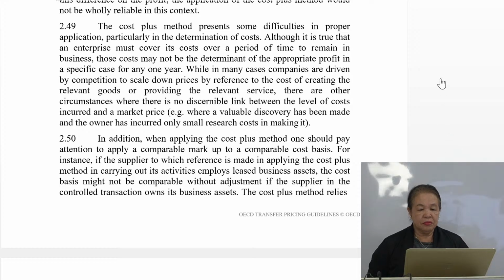No? So, although it is true that an enterprise must cover its cost over a period of time to remain in business, those costs may not be the determinant of the appropriate profit in a specific case for any 1 year. No?